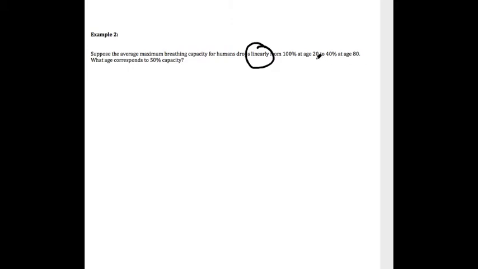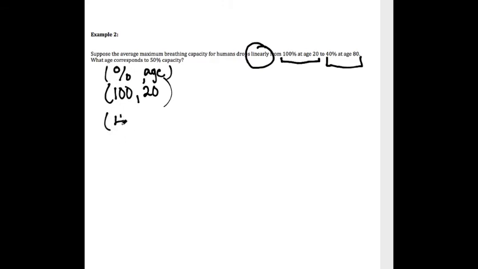So I want to take the information that they give us and look at it as ordered pairs. I have 100% at age 20, so I'm going to write that as 100, 20. This represents my x values as the percentage, the y values as the age. My other ordered pair is 40, 80.